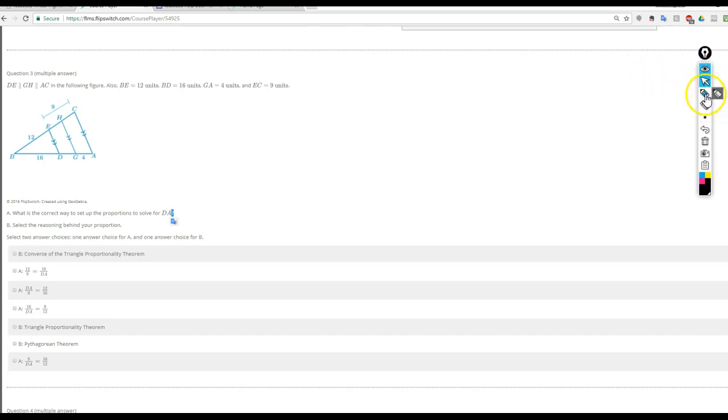Okay, since we are given that we have parallel lines within this triangle, we have the triangle proportionality theorem because it was given parallel lines and we're ending with proportions. The converse is starting with proportions and ending with parallel lines. So I do know that it is the triangle proportionality theorem because we were given parallel lines first.